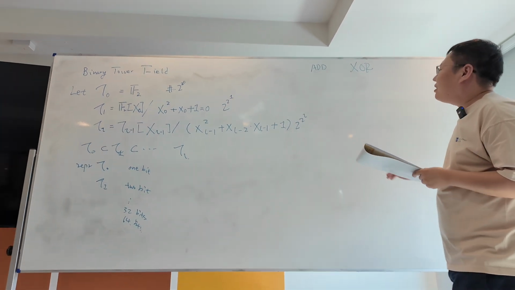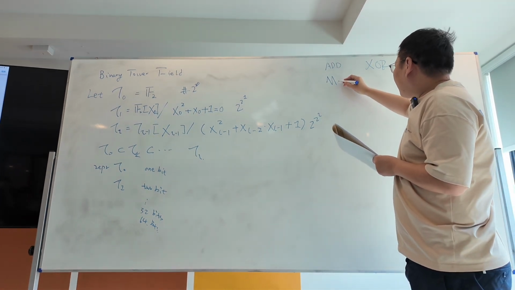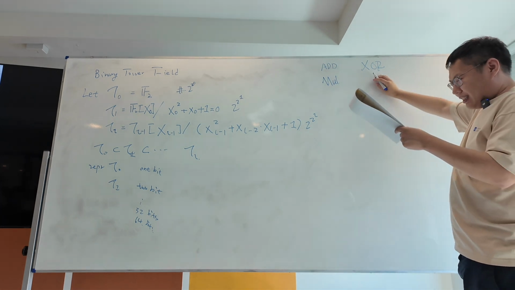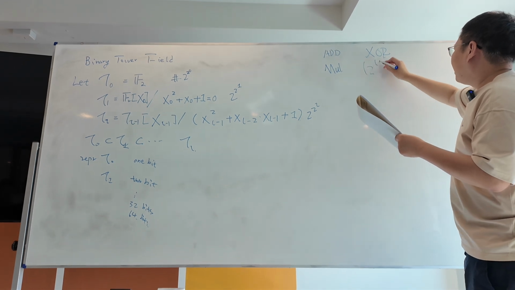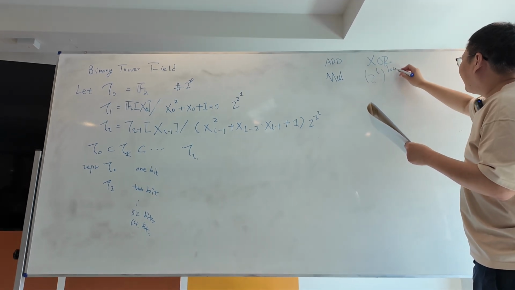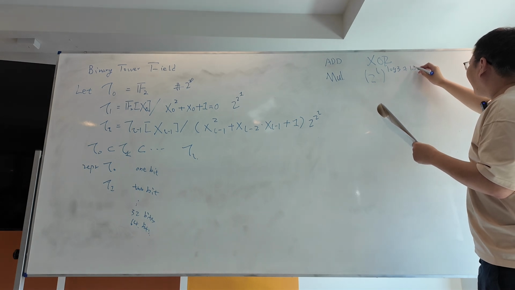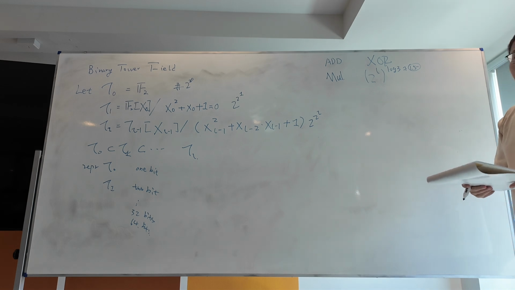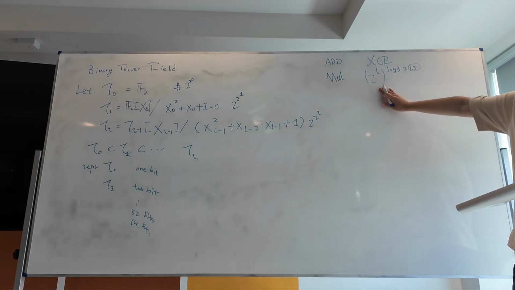There's also multiplication, which is actually very good. Multiplication costs about 2 to the iota to the log 3. So why is this good?